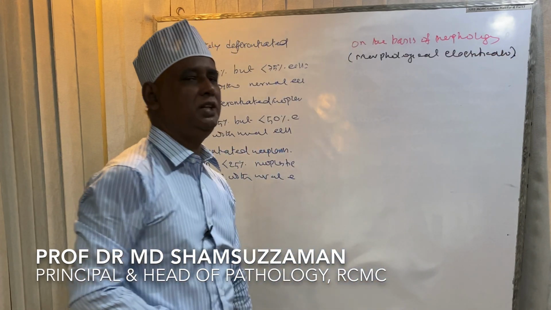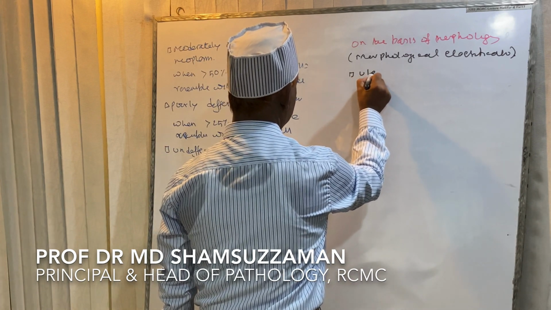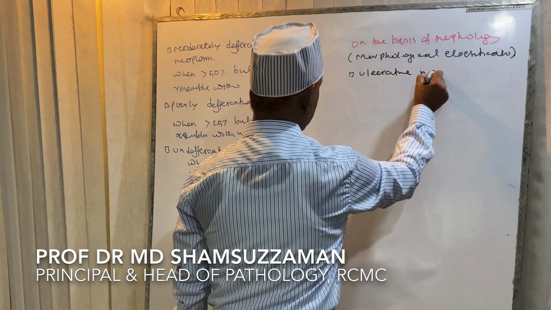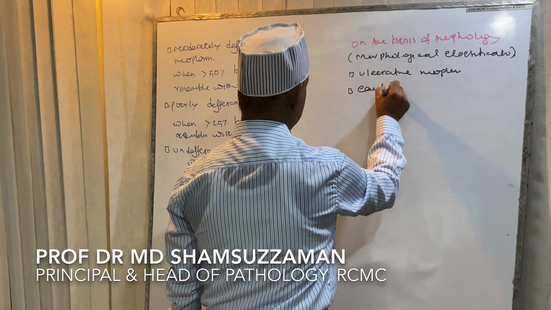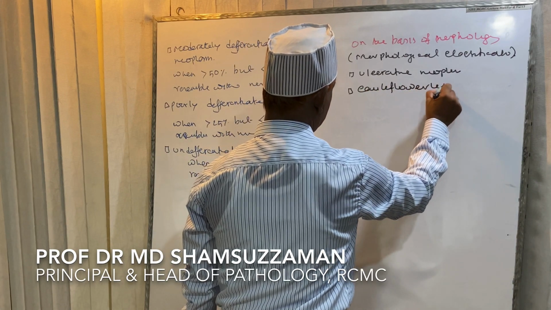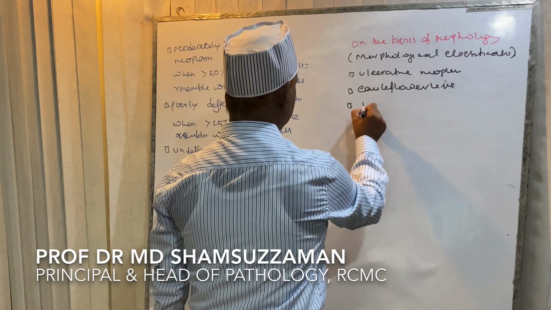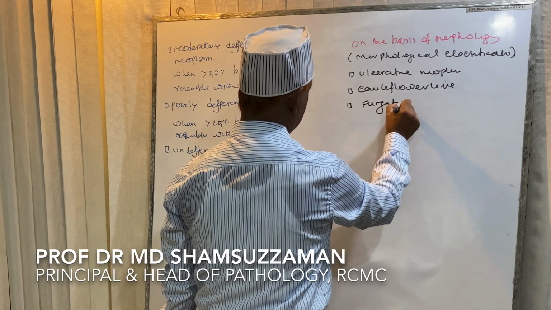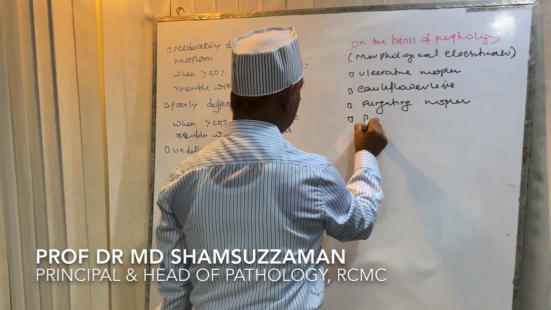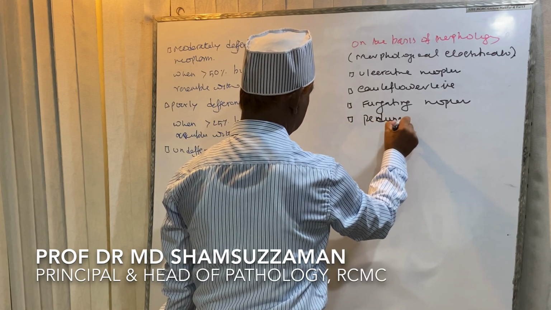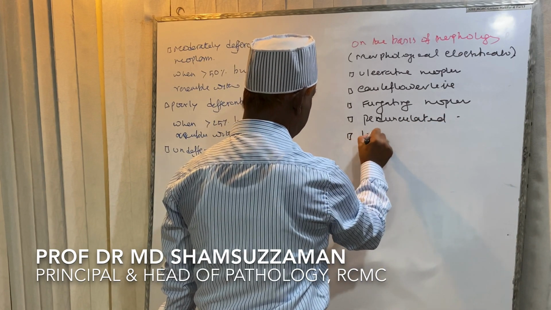On the basis of morphology, the neoplasm may be ulcerative neoplasm, cauliflower-like neoplasm, fungating neoplasm, pedunculated neoplasm, or infiltrative neoplasm.